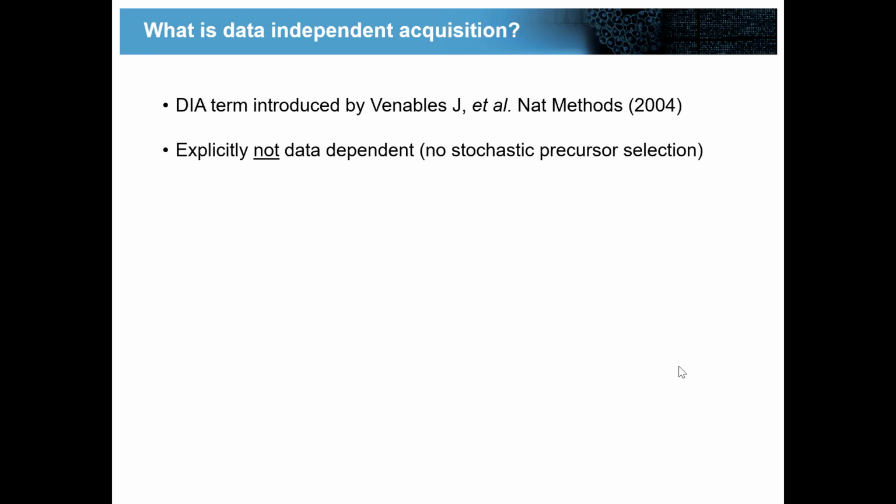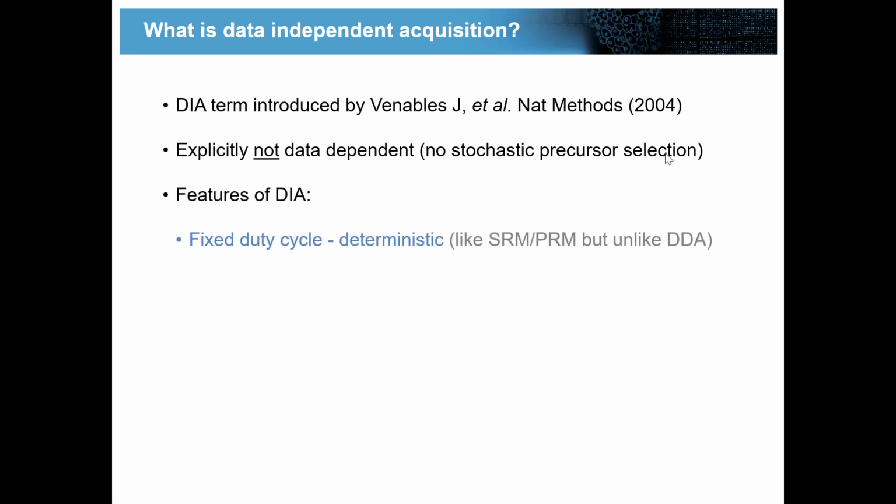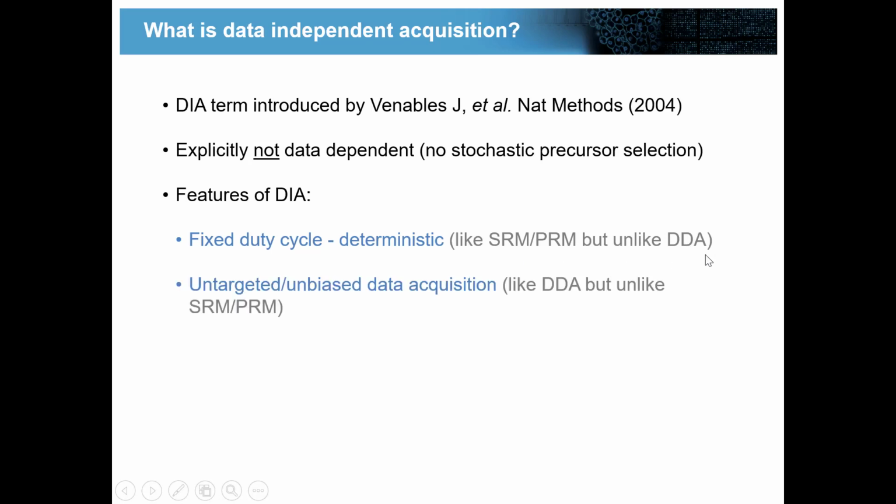Okay, so just to make a few comments about what we mean by data independent acquisition. This DIA term was introduced in a 2004 paper from John Yates, and the first thing to say is it's explicitly not data dependent acquisition. So there's no stochastic precursor selection going on, and the duty cycle is entirely fixed. So it's entirely deterministic, which is in a sense like SRM or PRM, but unlike DDA.